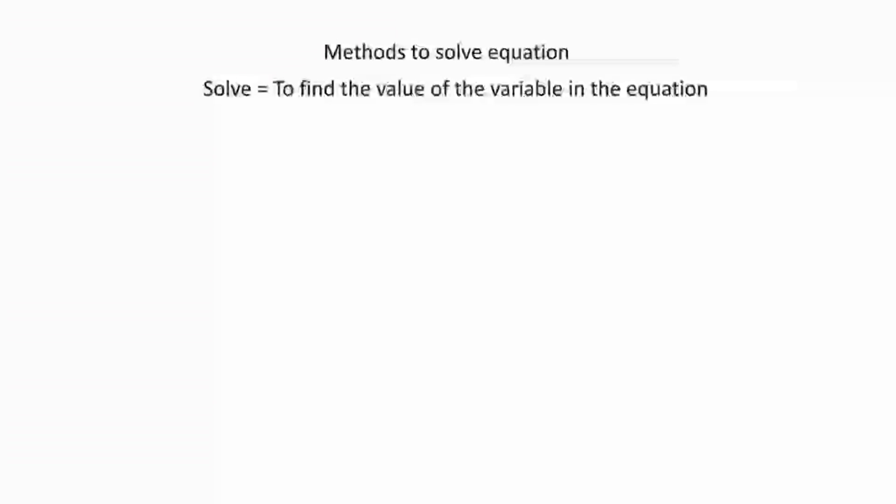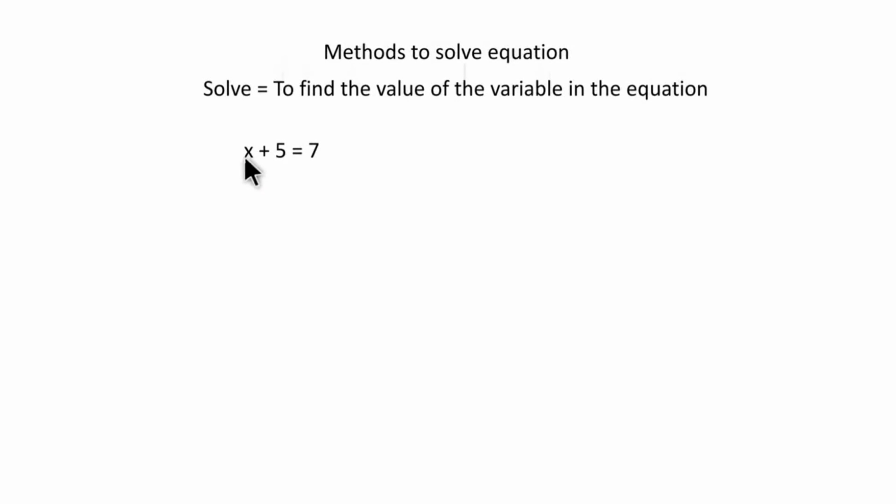Now let's learn a few methods to solve the equation. Solve means to find the value of the variable in the given equation. So over here x plus 5 is equal to 7 is an equation where x is the variable. When we say solve the given equation, we have to find the value of this variable.